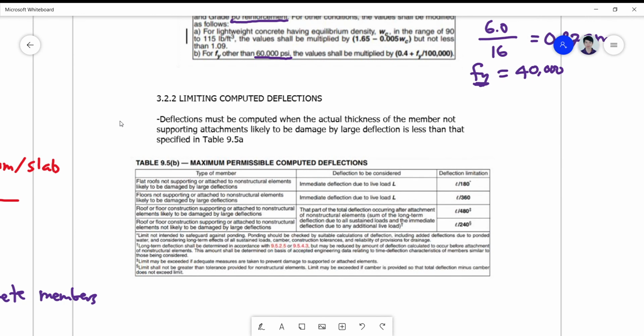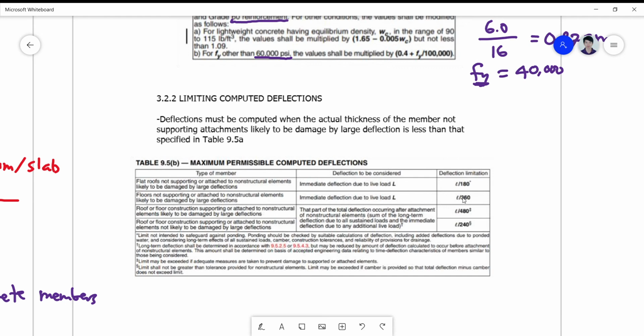So limiting computed deflection on the basis of another guideline. You will be using this if you are forced to calculate the actual deflection.